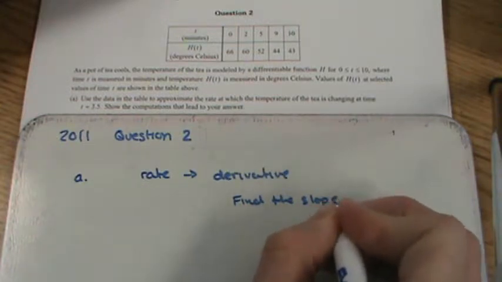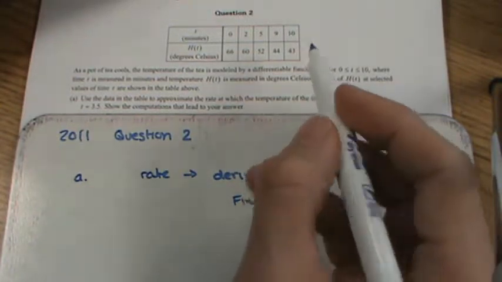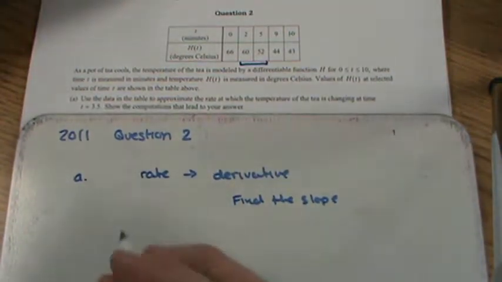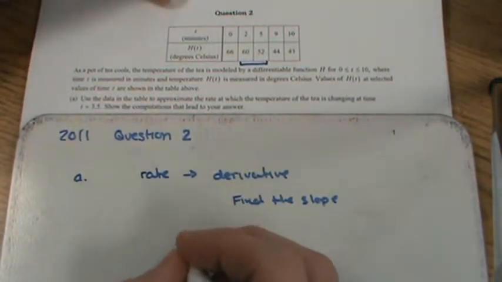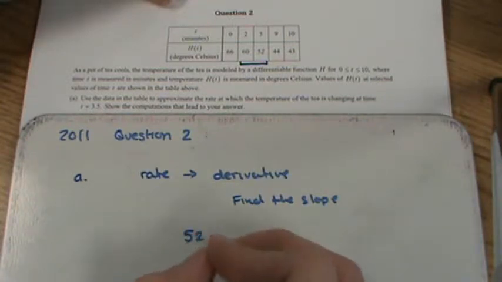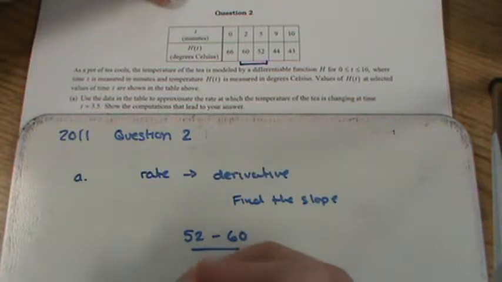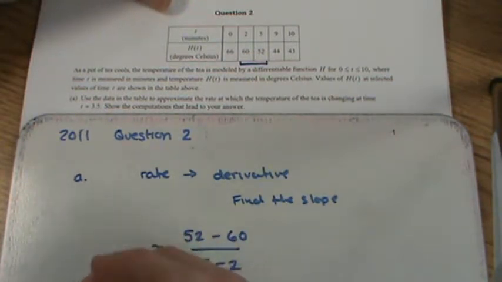Now we got to pick the values that are closest to 3.5, and you see that 3.5 is right between 2 and 5. So all we need to do is find the slope. We're going to take y2, 52, minus y1, 60, over x2 minus x1, 2. All right, and this is going to be an approximation to h prime of 3.5.